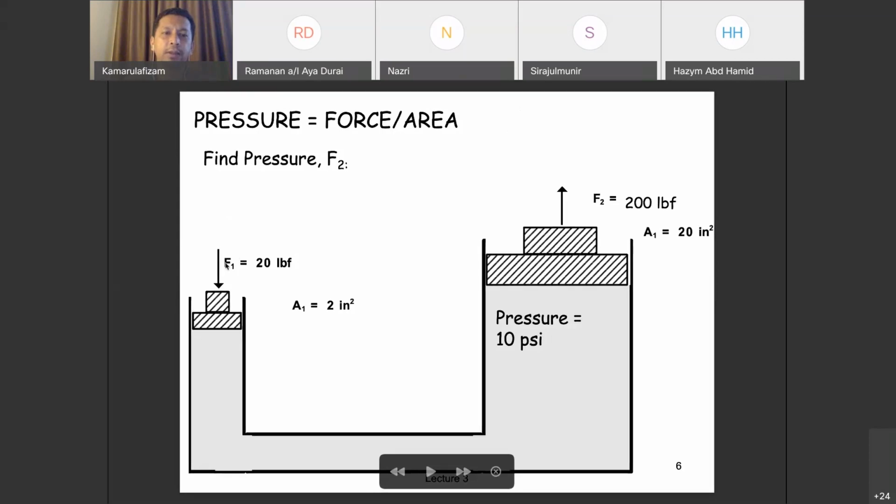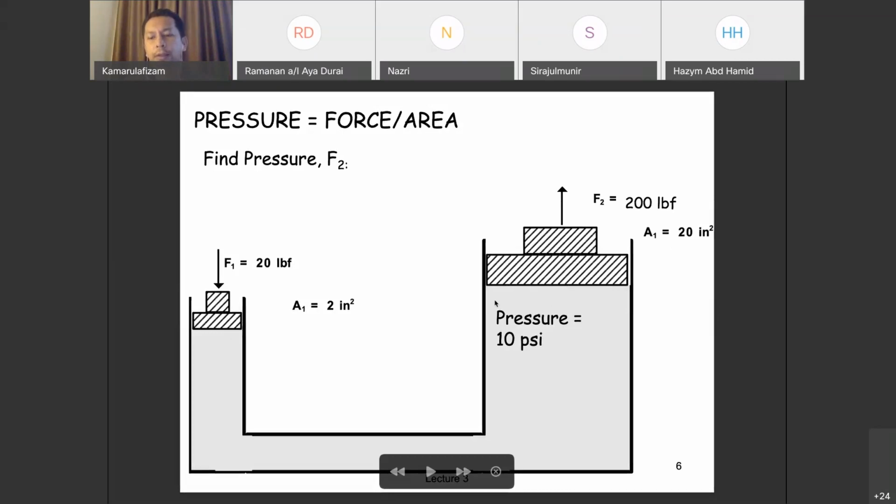Alright, maknanya dekat sini by using this formula, you boleh manipulate force and area, and you boleh play around with pressure. Contohnya dekat sini you bagi force of 20 pound with the area of 2 inch square, basically you boleh produce 200 pound using a 20 inch square punya area dekat sini.